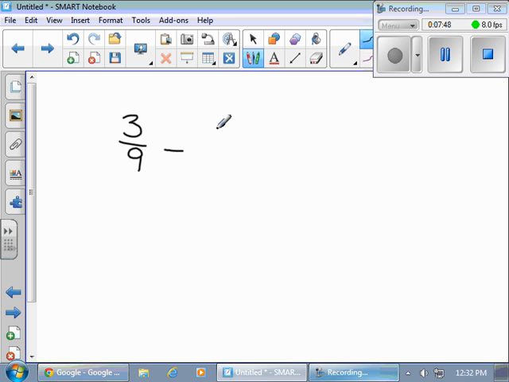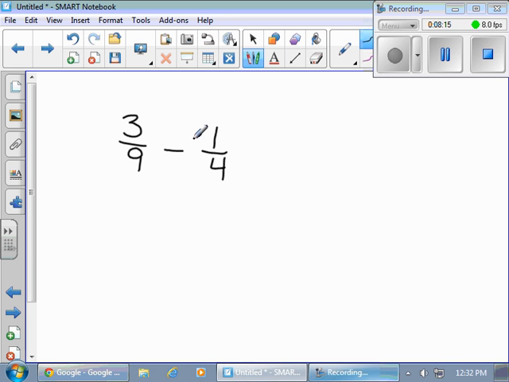3/9 minus 1/4. Now, just as a refresher, how did we do this if we were adding? What did I have to do first? I would take the 4 and multiply it by 3/9, and then I would take the 1/4 and multiply it by 9 if I was adding, right?